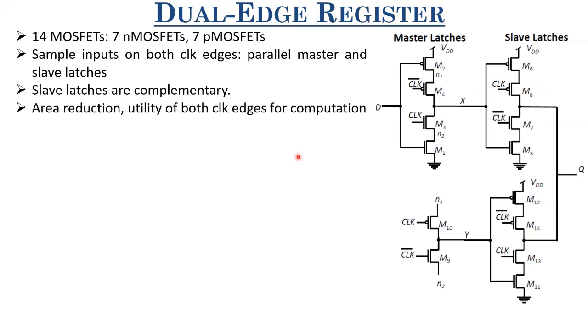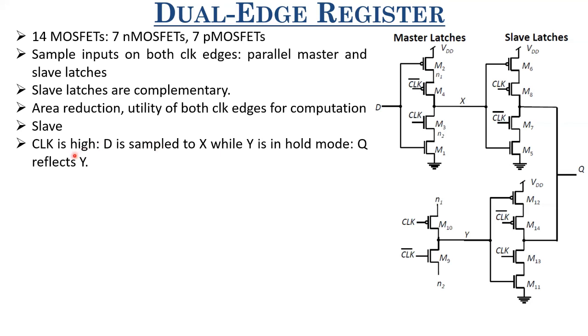So the advantages: first, there's area reduction. Area reduces because otherwise you'd have to use 2 dynamic edge triggered registers in order to realize this kind of functionality. And also you are utilizing both the clock edges for computation. That is the best part. Now, when the clock is high, let us see what happens.